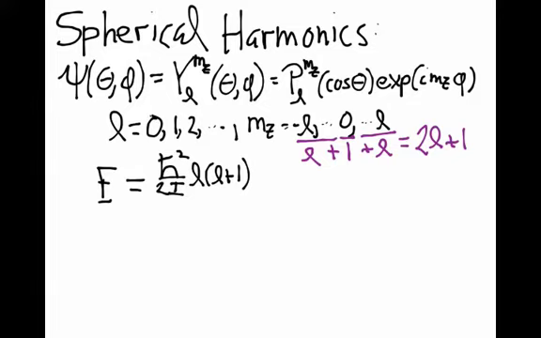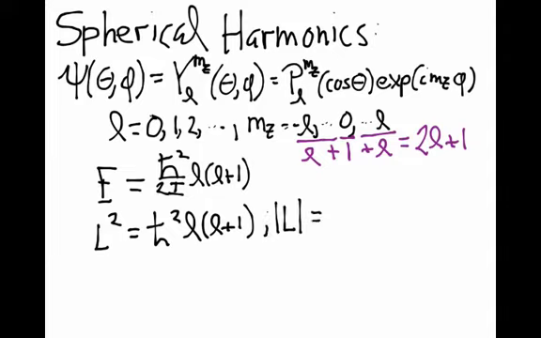Also, the L squared, the total angular momentum squared, is just h bar squared times L times L plus 1. So the angular momentum does not have the moment of inertia in it. It's just raw units of h bar, as always.